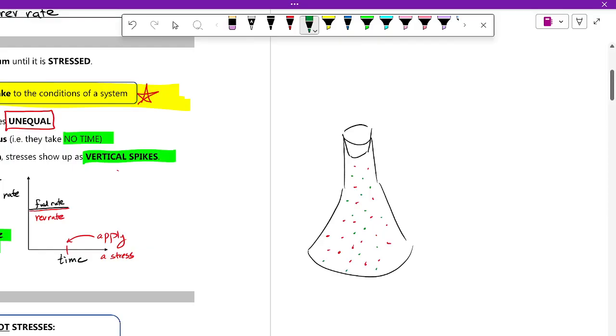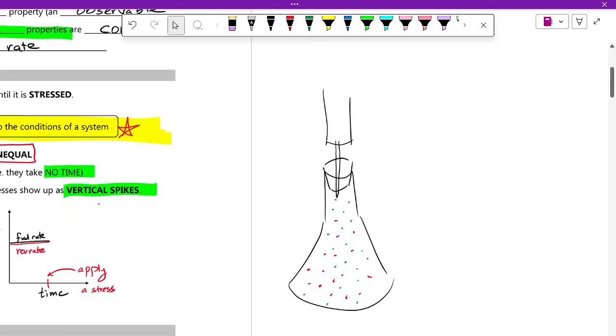If I stress the system by taking a syringe with a needle on the end, and I stick it right through the rubber stopper, all the way through, and we've got our plunger, and that little thing that we push down on. You guys with me? Okay, good.